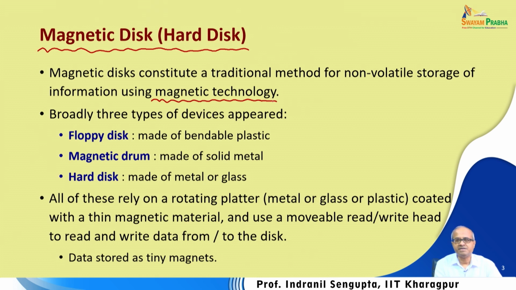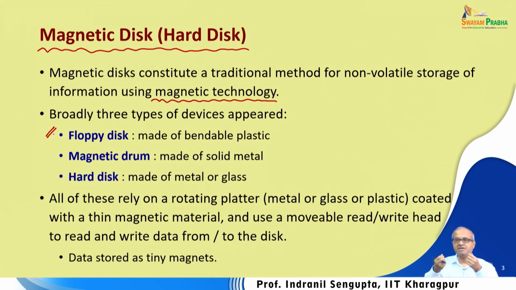Now, over the years, several kinds of this kind of magnetic recording media have evolved. Some of them have become obsolete, you do not see them anymore, some of them are still there. Like floppy disk is something which was there till even a few years back.